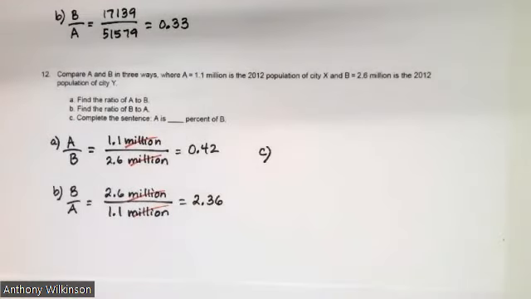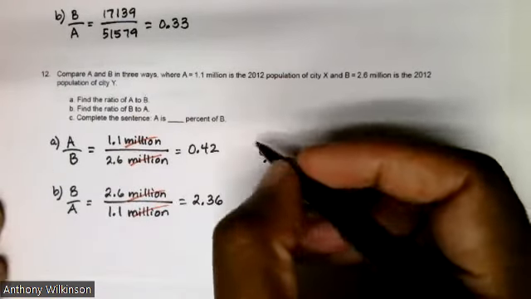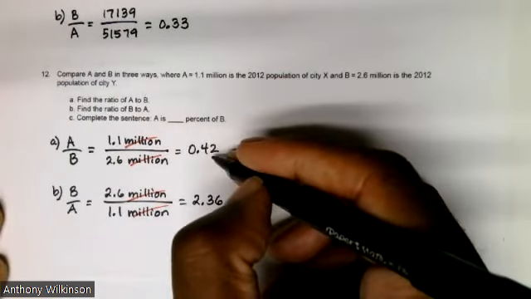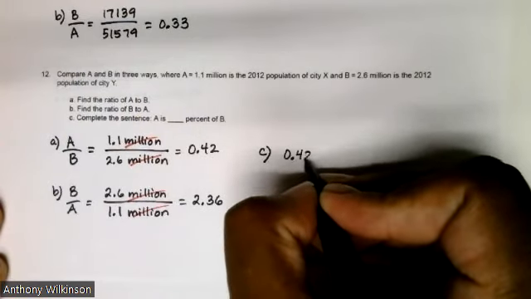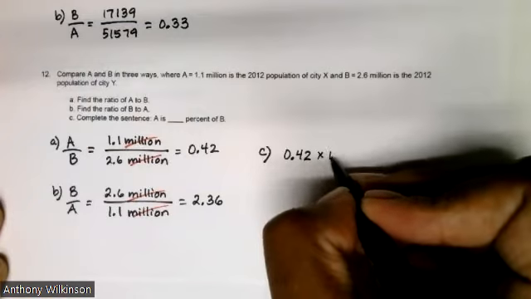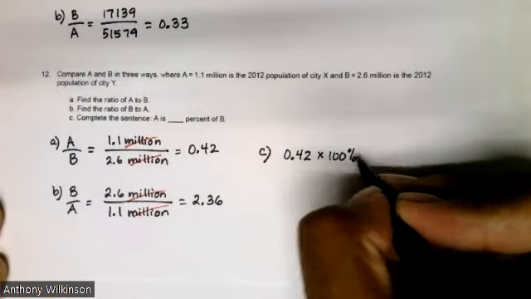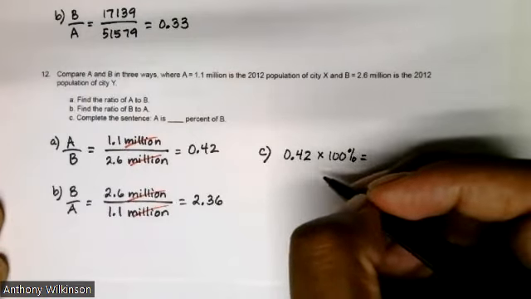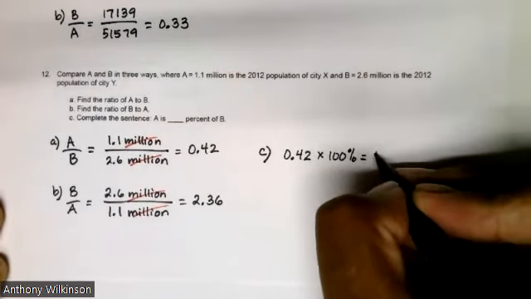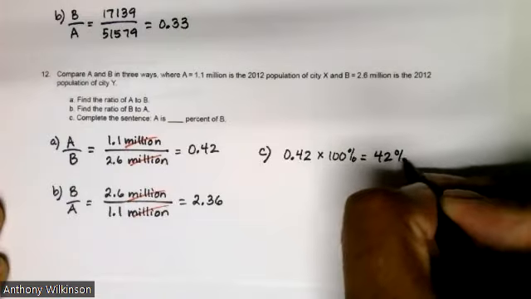Part C is to complete the sentence: A is blank percent of B. Well, we found in part A that the ratio of A to B is 0.42. To change that to a percent, we just multiply by 100 and include the percent sign. So 0.42 times 100 would just be 42.